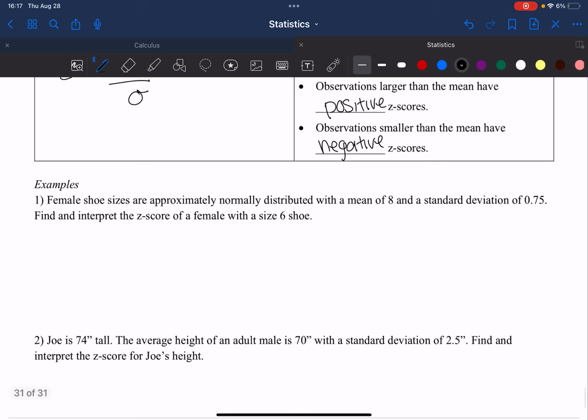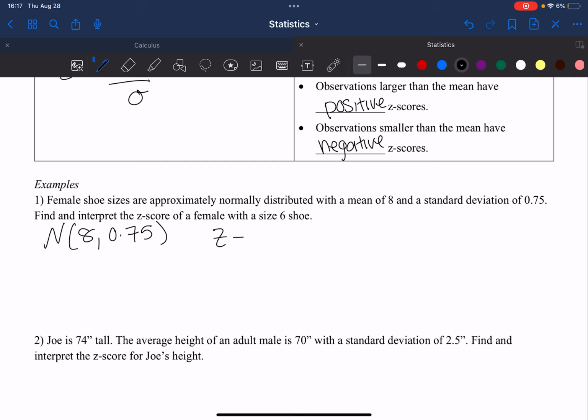So looking at an example here, it says female shoe sizes are approximately normally distributed with a mean of 8 and a standard deviation of 0.75. Find and interpret the z-score of a female with a size 6 shoe. So we know that this is normally distributed with a mean of 8 and a standard deviation of 0.75.